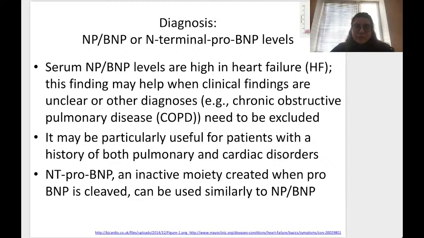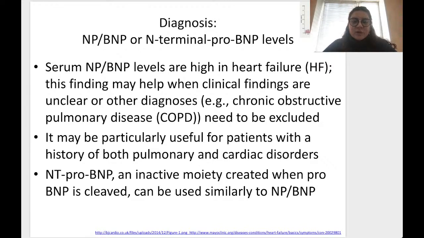Okay, checking of NP or BNP or N-terminal-pro-BNP levels. Serum natriuretic peptide or brain natriuretic peptide levels are high in heart failure. This finding may help when the clinical findings are unclear or there is another diagnosis. When you are not sure between, for example, heart failure and COPD, and you need to exclude heart failure, in this difficult case we use levels of NP or BNP or pro-BNP.